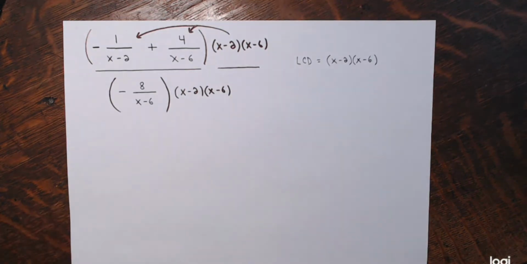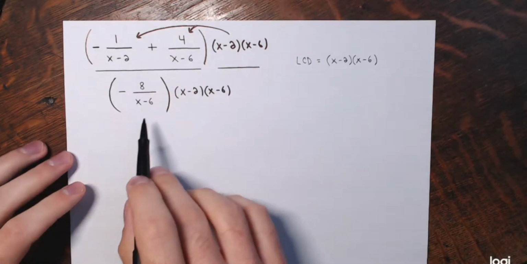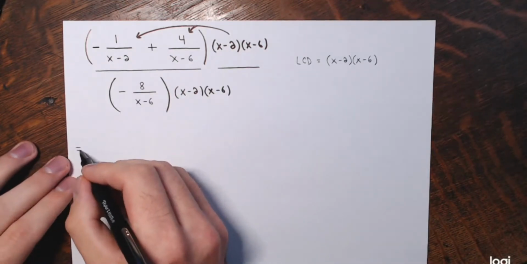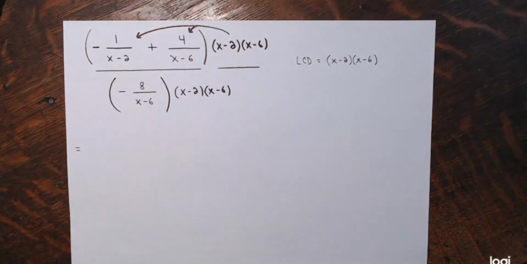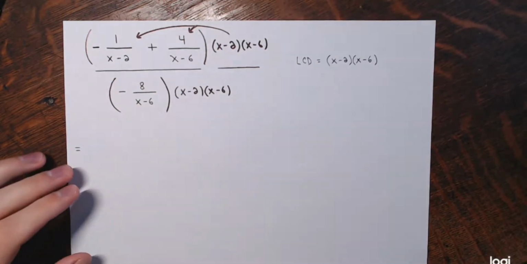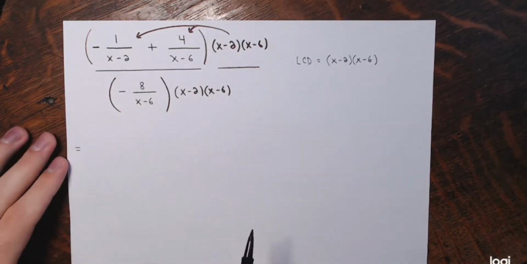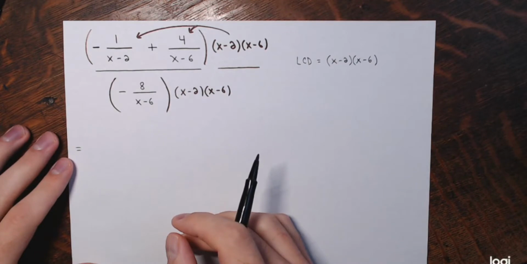Now, the whole reason for doing this, the multiplication by the LCD, is to cancel, divide out all those lesser denominators, and we'll change our complex fraction into a fraction that's not complex.